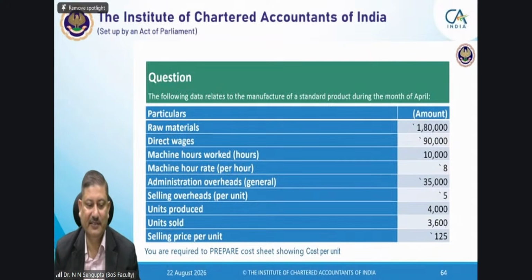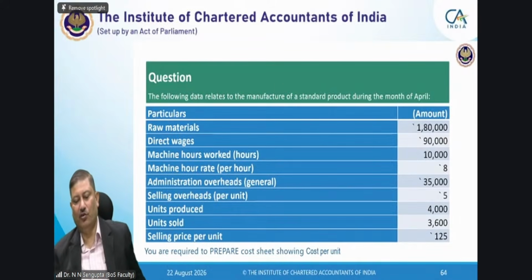So raw material is there, direct wages is there, machine hours, machine hour rate is given, administrative overhead given, selling overhead is given, units produced is given, units sold is given, and selling price per unit is also given. So what we require is to prepare a cost sheet showing various costs per unit.